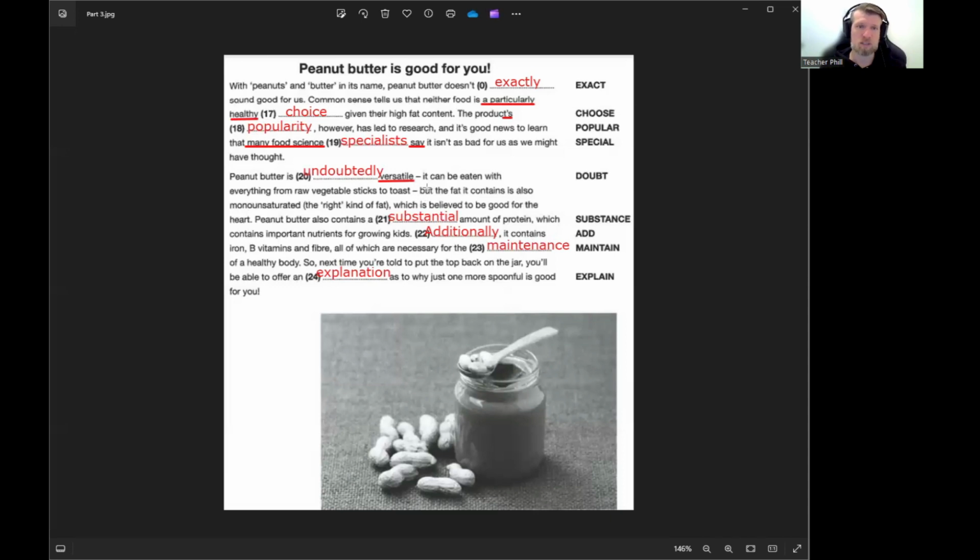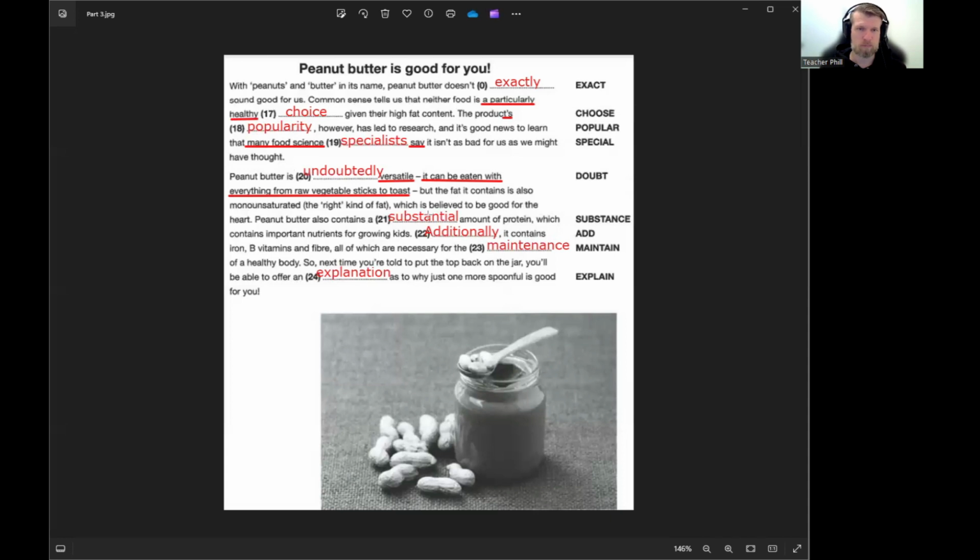But because afterwards they talk about all the different options that you have, can be eaten with everything from raw vegetable sticks to toast, we could say that it is versatile without a doubt, because there are a lot of options. So that's why I made it negative. Undoubtedly means that without a doubt it is versatile. So I think I like my option. Of course, it looks very complex, and we will see in a second if I'm right.